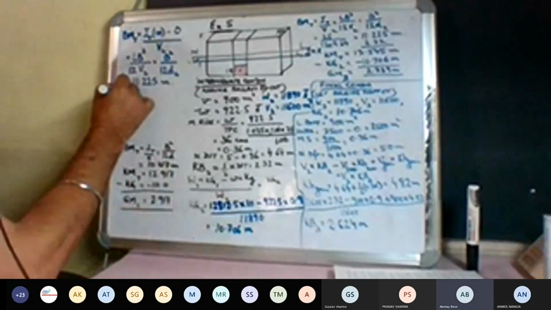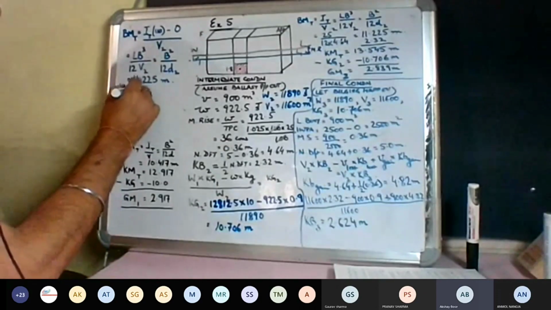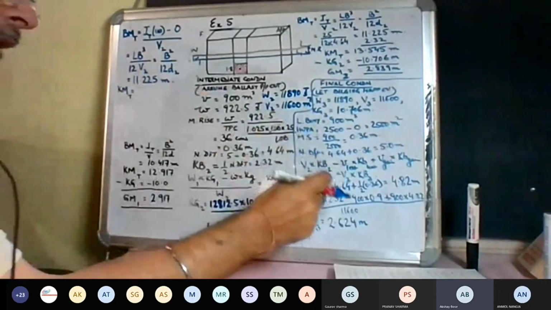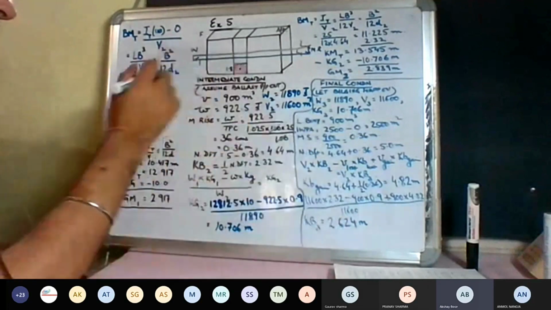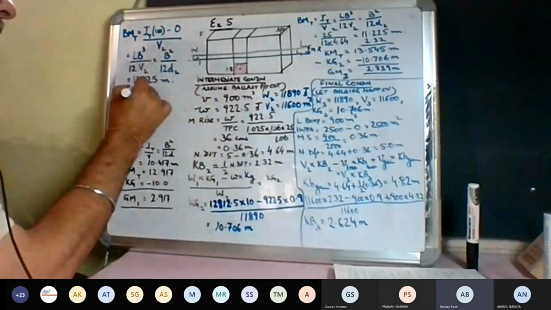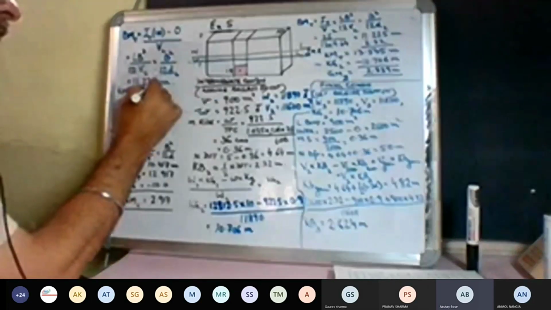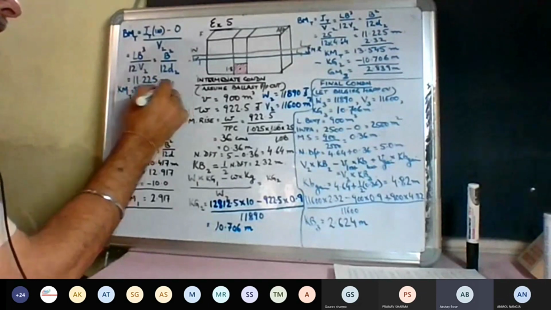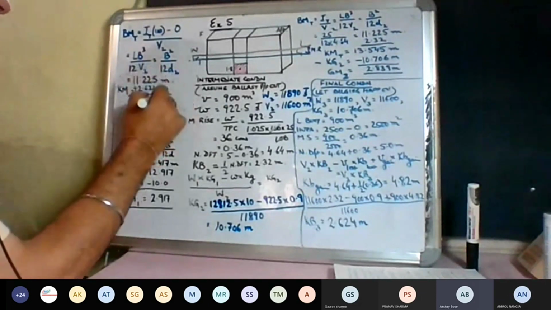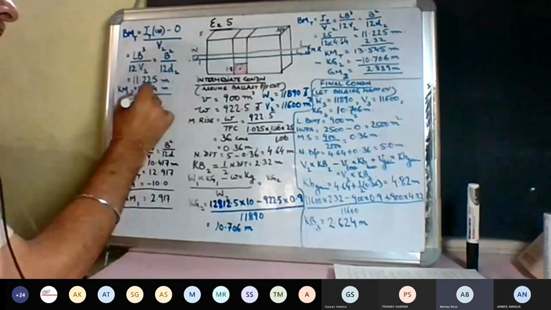So KMT will be KB3 2.624 plus BMT 3.143.